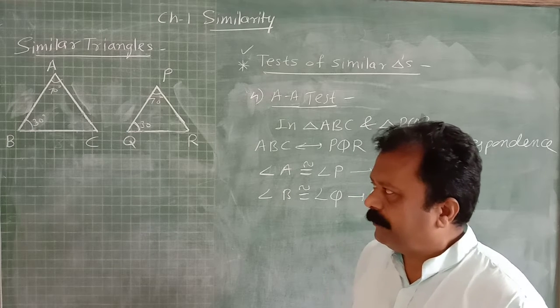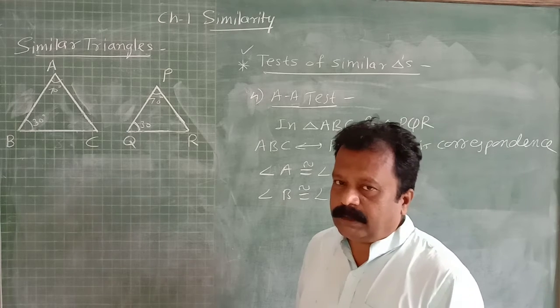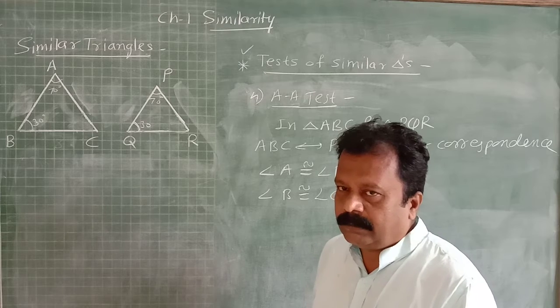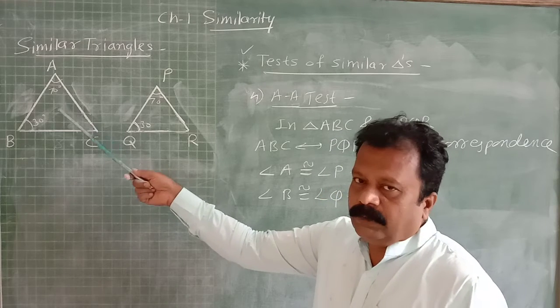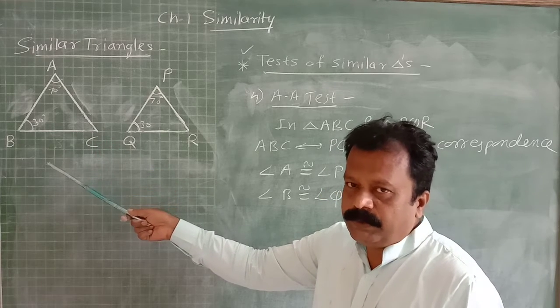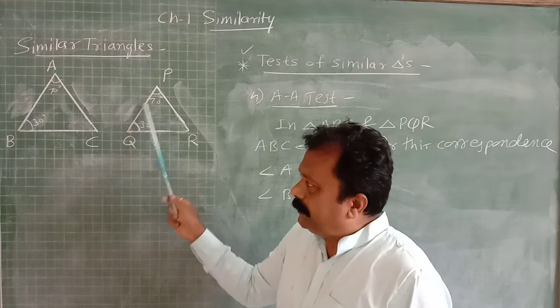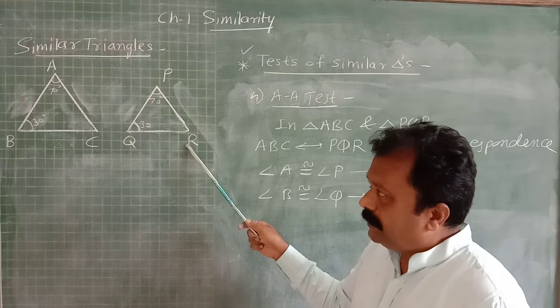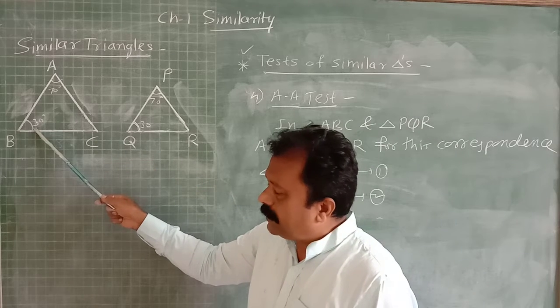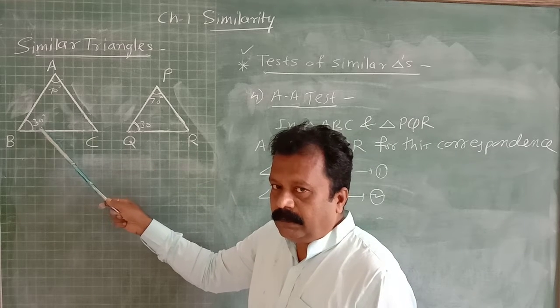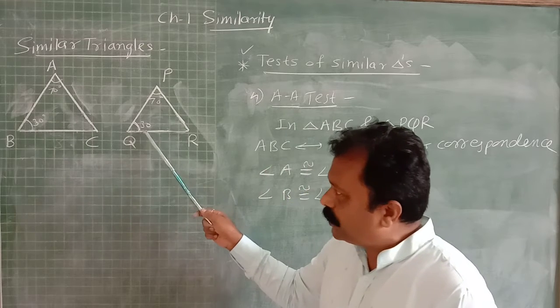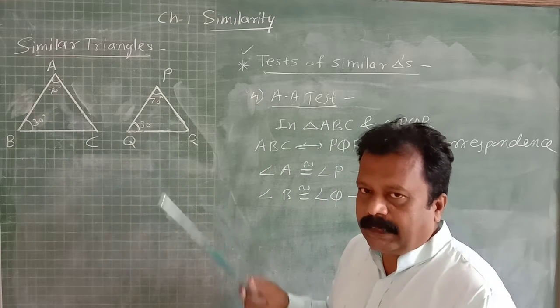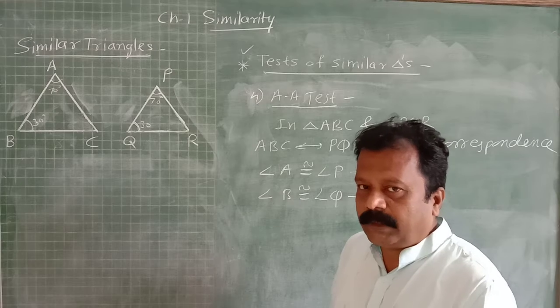See once again: for the given one-to-one correspondence is very important. Out of 6, you have to use 1. Then the two triangles are similar by the AA test for similar triangles.